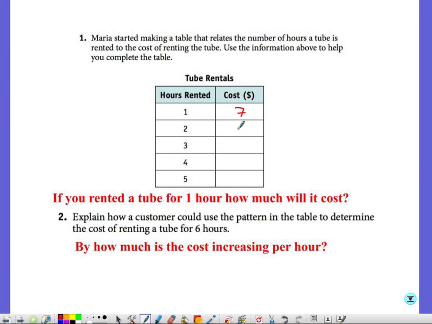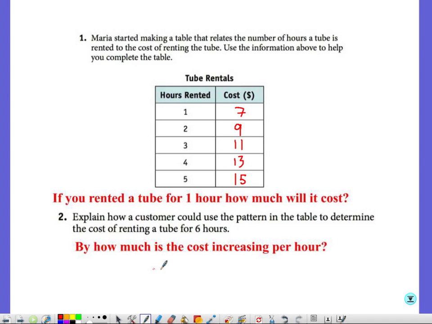So I can go ahead and plug these in, and when you start calculating the cost for 3 hours, you can begin to see a pattern here, and the pattern is that the cost increases $2 for every hour. So that basically explains question number 2.